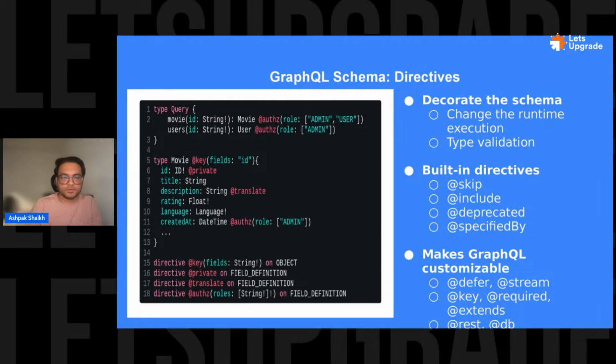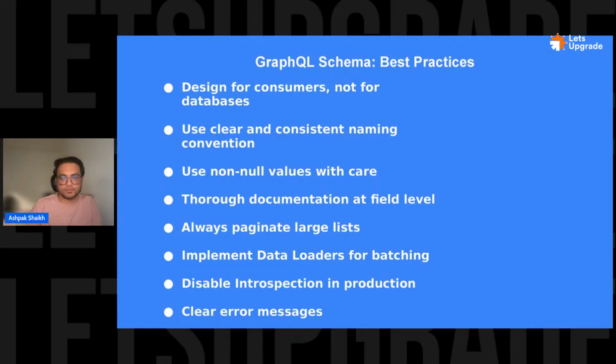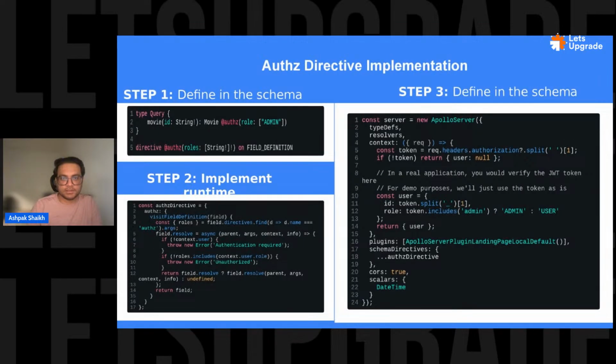Let's look at a very simple directive example. As you can see in our example, we can just annotate the movie at line number 2 with auth and specify a role for admin. And you can have any number of arguments or inputs to the directive itself.